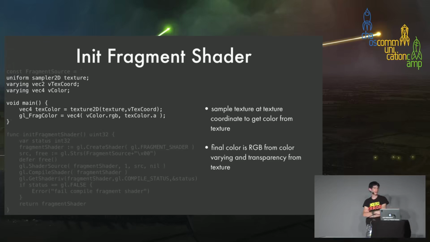So we use the texture coordinate varying to look up the color value inside the texture uniform. And then we specify the GL frag color, the final color of that fragment. We want to use the red, green, blue as specified in the vertex attributes, but we take the alpha value from the texture that we loaded into texture memory.